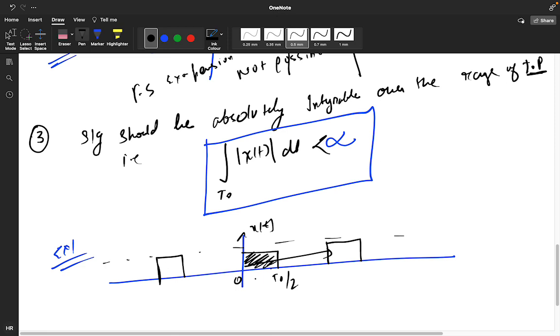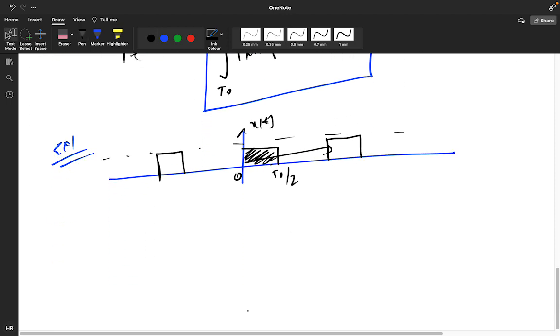A finite value is obtained. So the Fourier series expansion is possible because we get a finite integration over a time period T0.